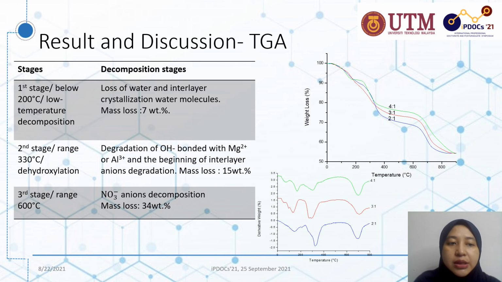The second is degradation of OH bonding with magnesium or aluminium, and the beginning of decomposition of the interlayer, where 15% weight is lost. Then the third stage is because of nitrate anion decomposition, where mostly 34% weight is lost.